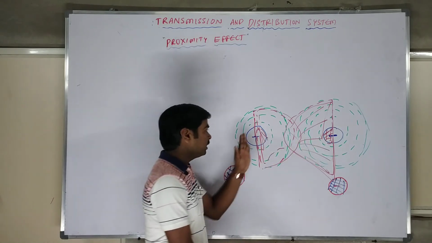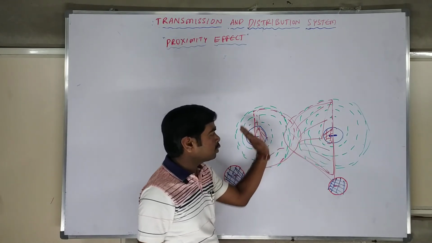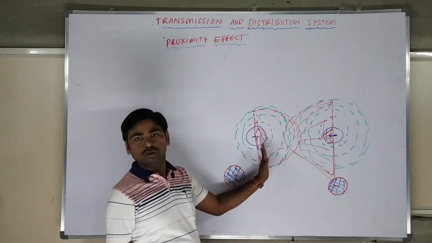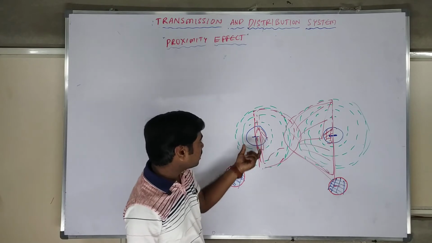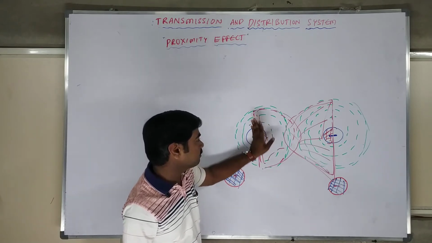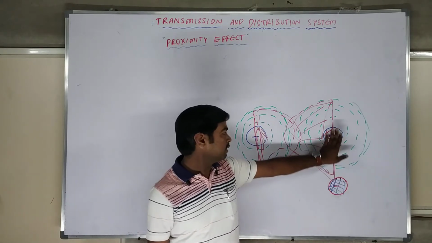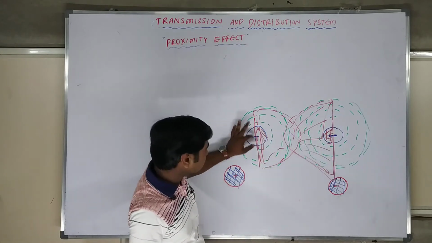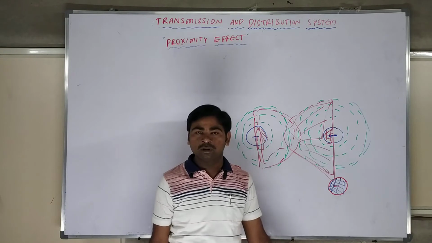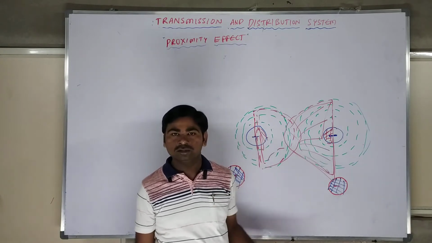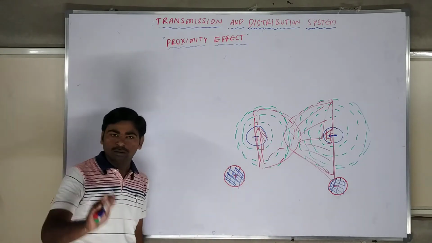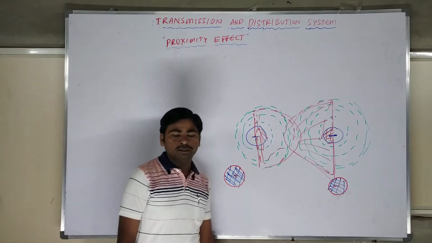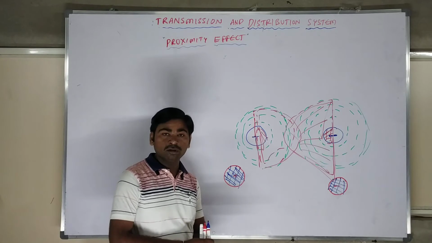In such a way, the current in one conductor concentrates on 50% of the portion, and in the other conductor also 50%. So the remaining 50% will be empty. This effect is called the proximity effect.